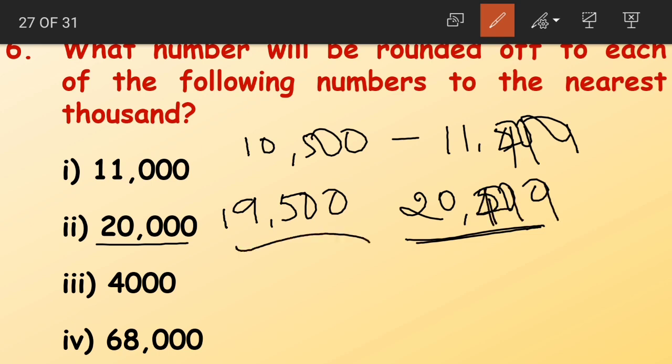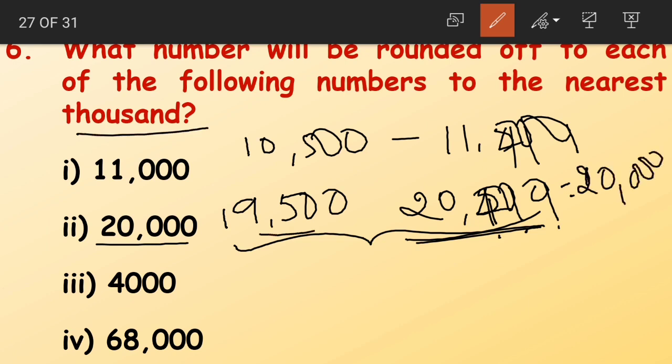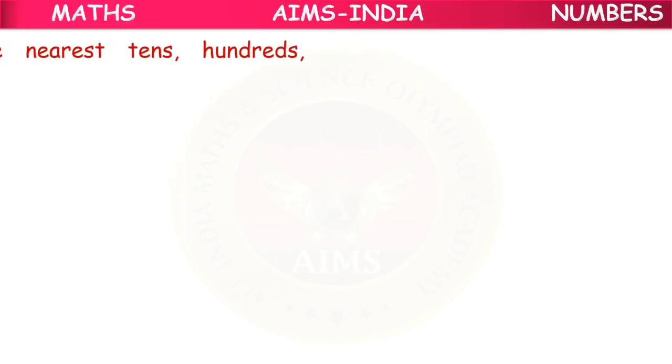So the numbers from 19,500 till 20,499, when rounded off to the nearest thousands, can be written as 20,000. These 1000 numbers could be estimated as 20,000. Yes students? Now question number 3 and 4 are for your trying out purpose. Try these two questions at home. I hope this was clear.